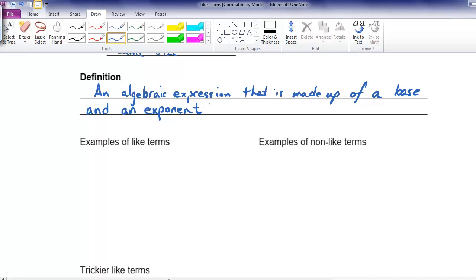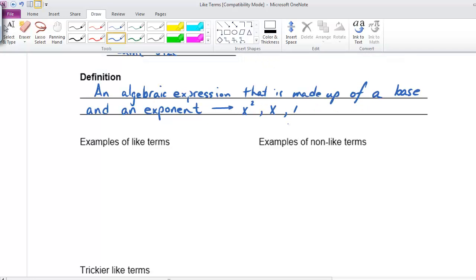So for example, our algebra tiles, we have x squared, we have x, and then the odd one out really is this idea of 1. We'll come back to that one in class. But having a look at the x squared, it's an algebraic expression, and it has an exponent. Same with the x, it's that invisible number 1.